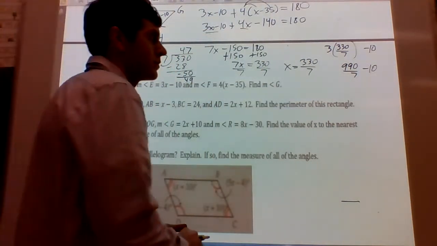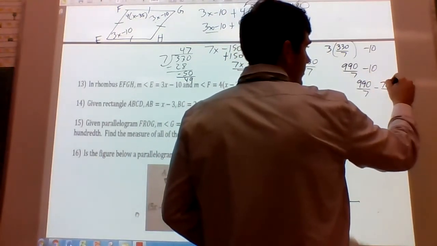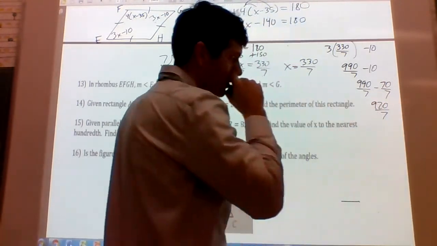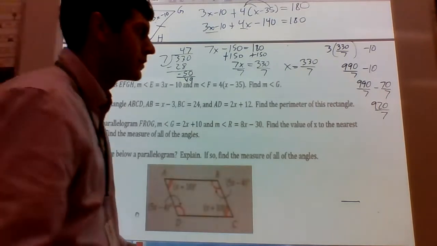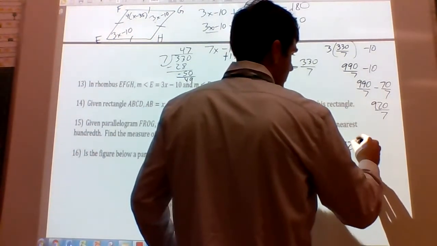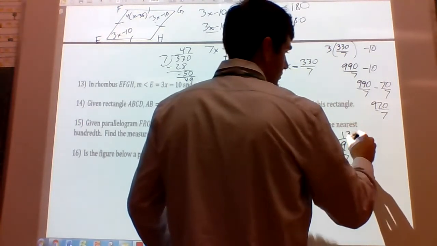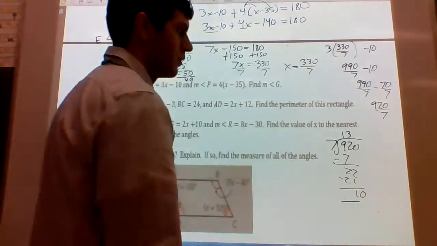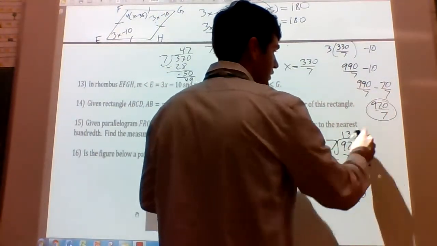So we can make that 990 over 7 minus 70 over 7, which is going to give us 920 divided by 7. Just out of curiosity, let's see if 7 goes into 920. No. So 920 over 7. That's the measure of angle G.